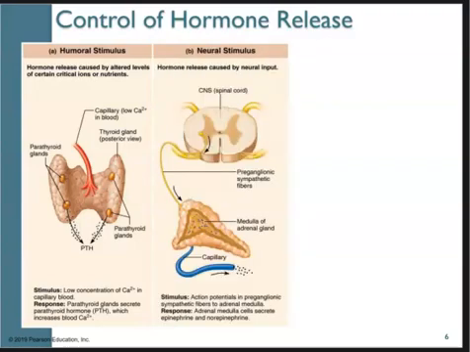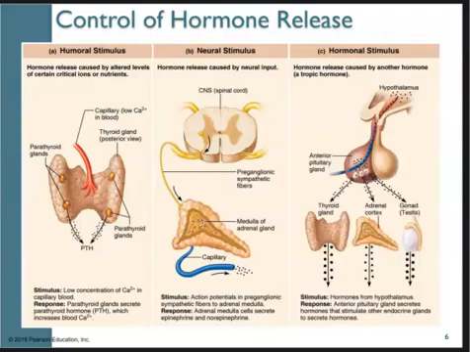The other one's the neural. This is a neuron stimulating, the one we should be aware of from our conversation on the autonomic nervous system is our sympathetic preganglionic neuron, which will cause epinephrine and norepinephrine release from the adrenal medulla. The next one is hormonal. So one hormone influences another hormone to be released or even inhibited, in fact.